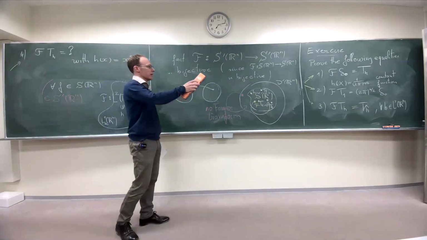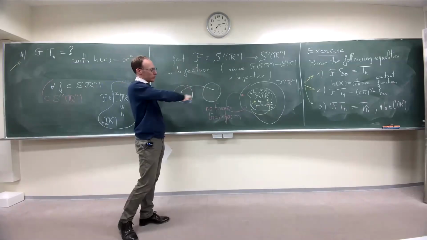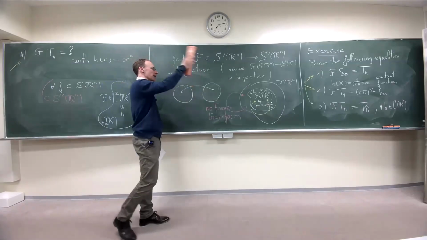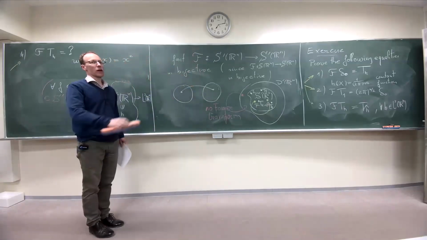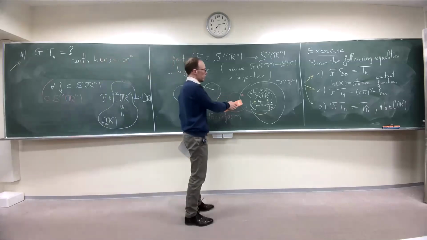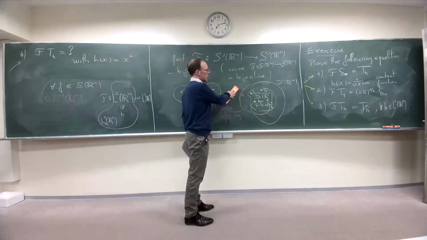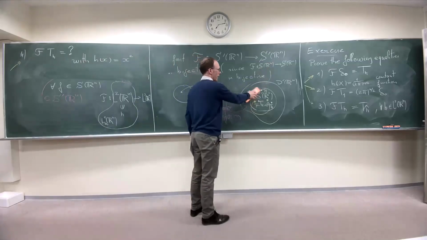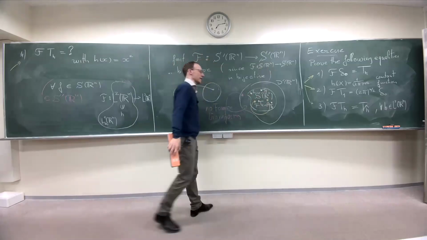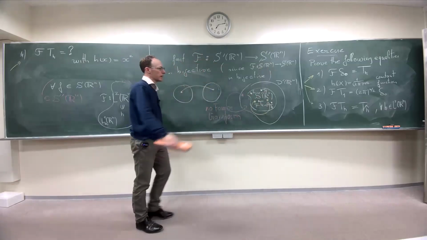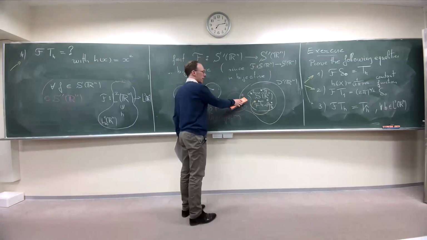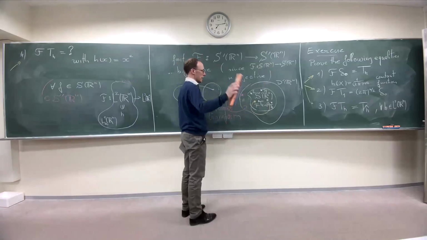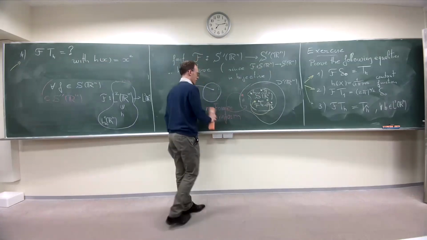Before, I had written the set of test functions inside the set of Schwartz functions, which is bigger, but it means for distributions, the set of distributions is bigger than the set of tempered distributions. Nevertheless, these 4 examples are inside this set. And I already mentioned one example which is here. It is a regular distribution with this exponential of x squared.